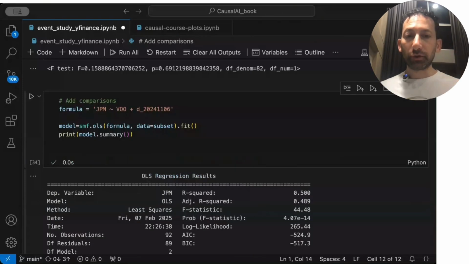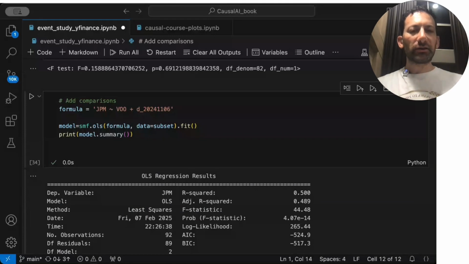Now, and this is really important, you will also have to put on your data science hat and think about the implications of what you are controlling for. In the earlier case, you controlled for all these other competitor banks. But maybe you don't want to do that. Maybe the question isn't whether JP Morgan had excess returns relative to its competitors.